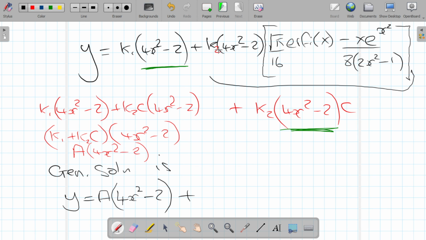Well, we just change the k2 to the letter b. It doesn't matter what you call it. I'm just trying to be consistent with my constants.